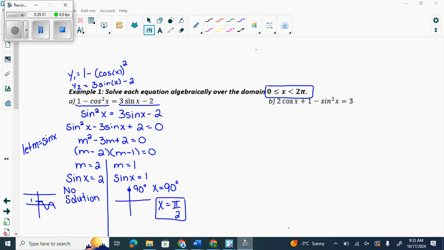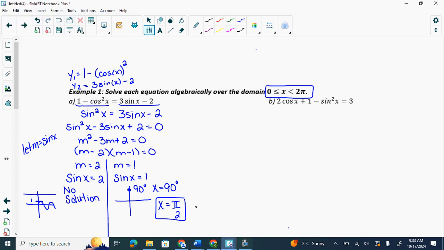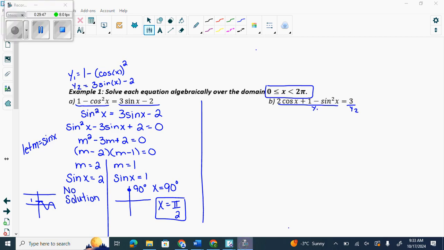Try that out. Any solving question on the diploma, no matter if it's in polynomials or logs or exponentials, I would y1, y2 and find out where I need to go every single time.